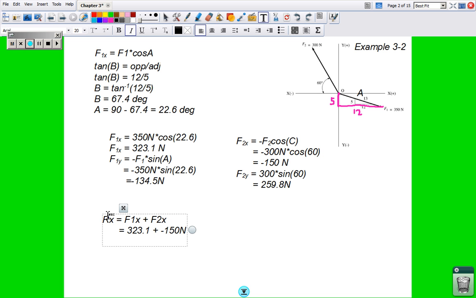So Rx is going to be equal to 323.1 minus 150, 173.1.